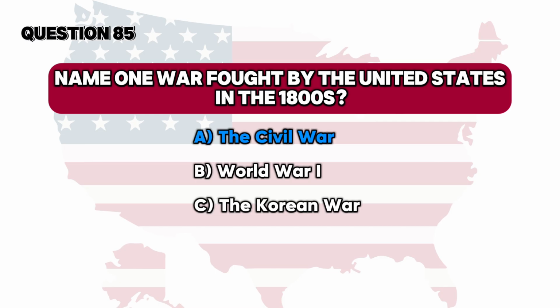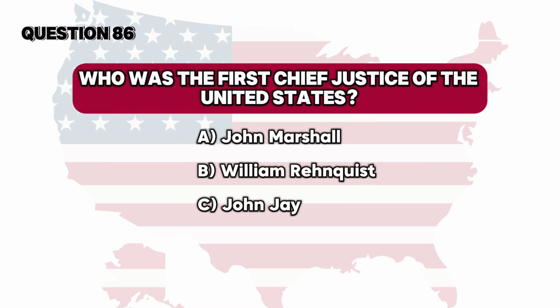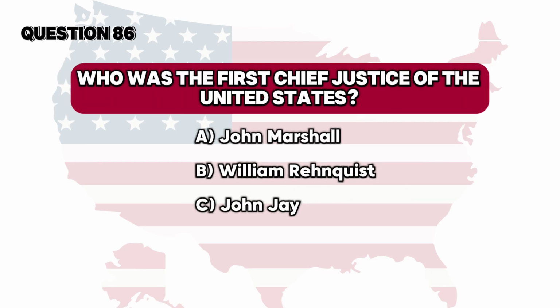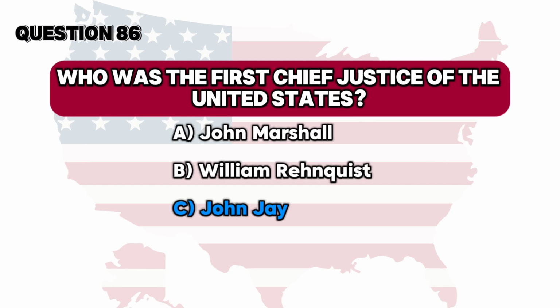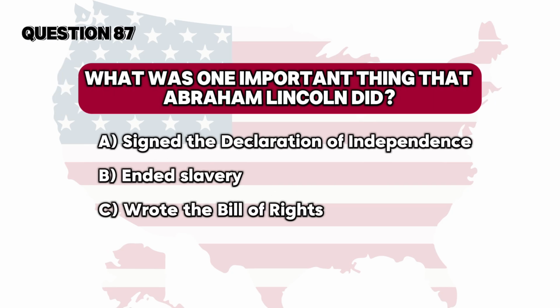The Civil War. Who was the first Chief Justice of the United States? John Jay. What was one important thing that Abraham Lincoln did?